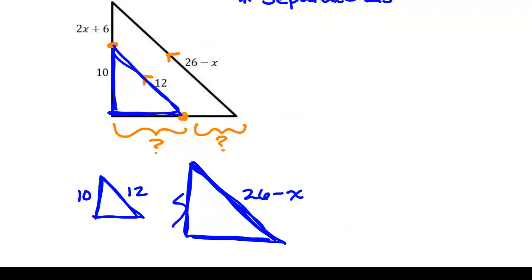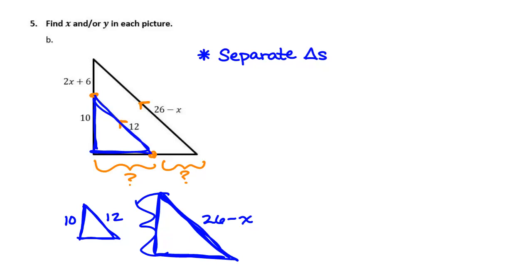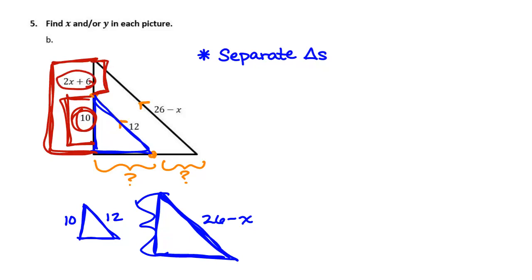All right, now for this side over here, we have to be careful. Do you remember the warm-up where we had those two triangles? If I need this side right here, well, I have the 10, that's from here to here, and 2x plus 6, because I have these two bits.